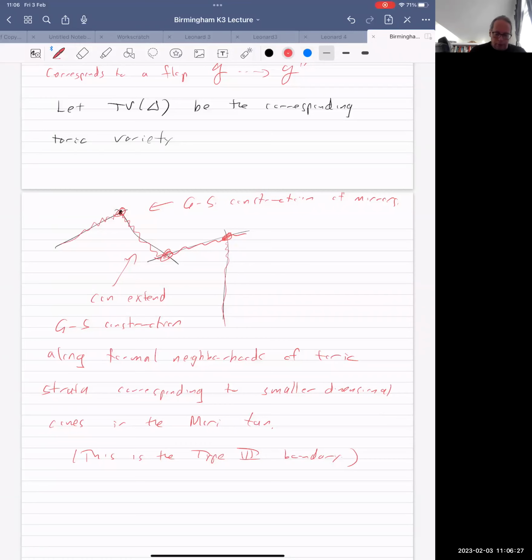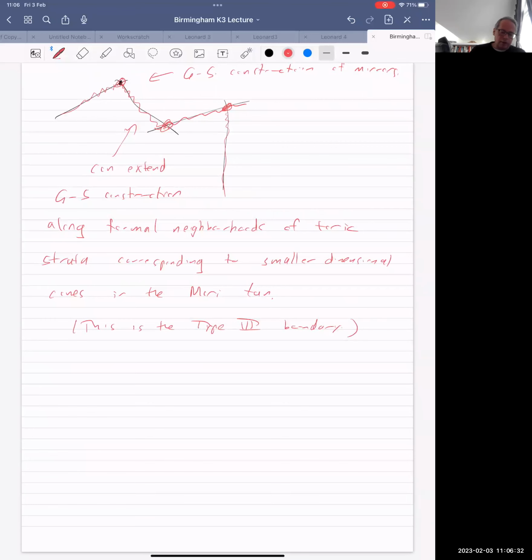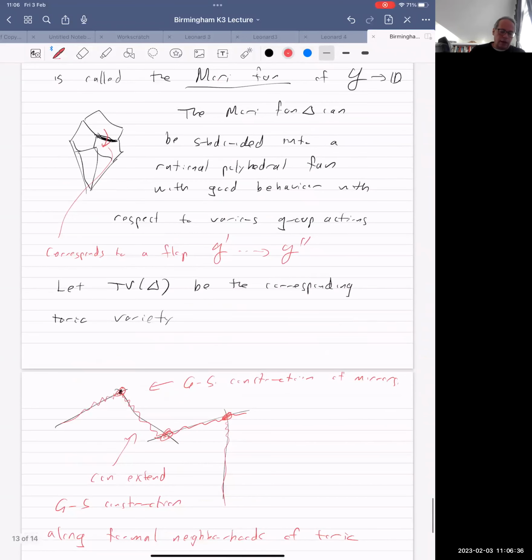Okay, I'm almost out of time, so let me say a few words about what happens next. As I say, this fan is living in a 19 plus g dimensional vector space.